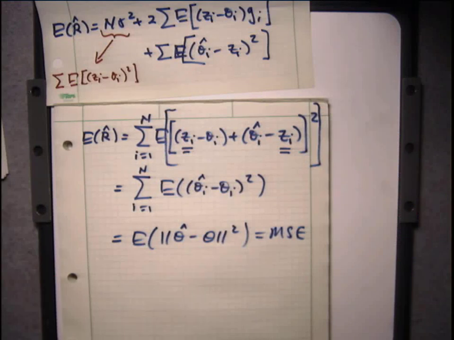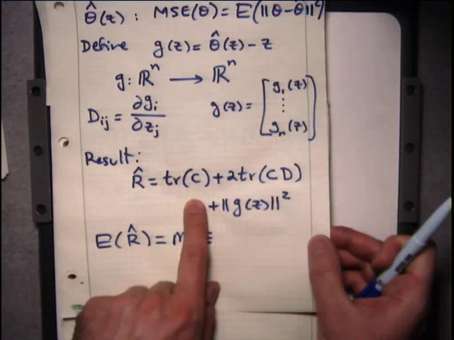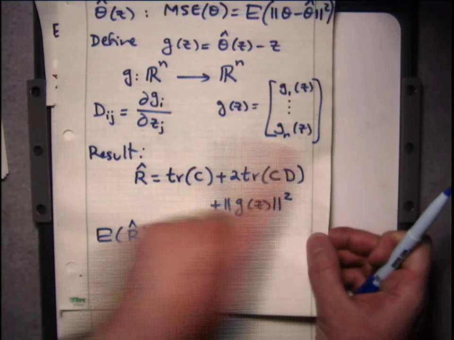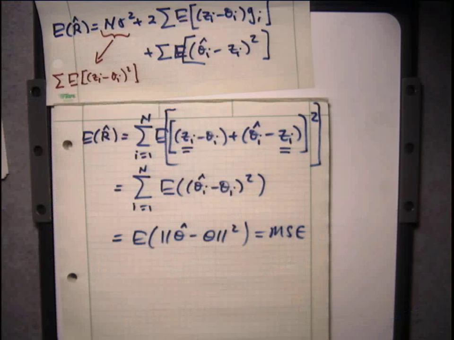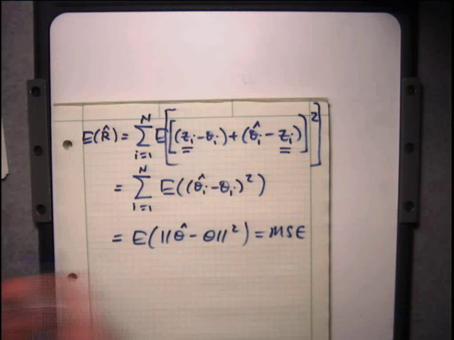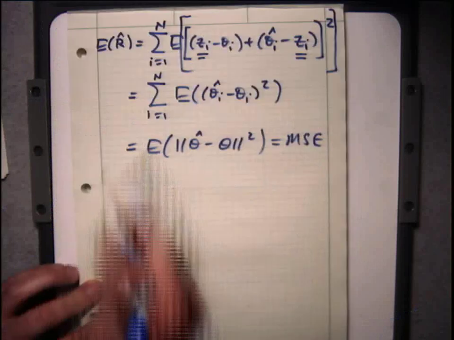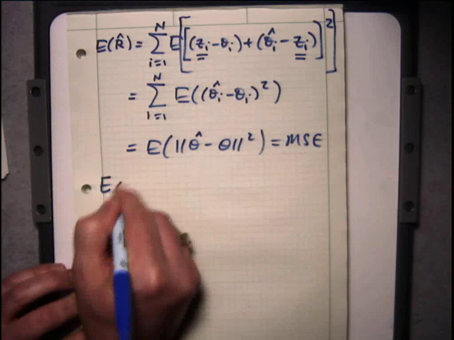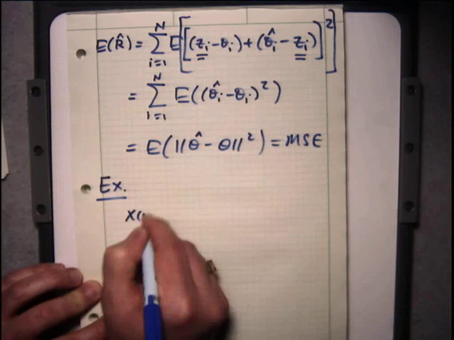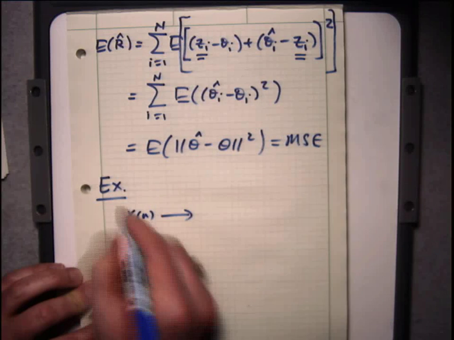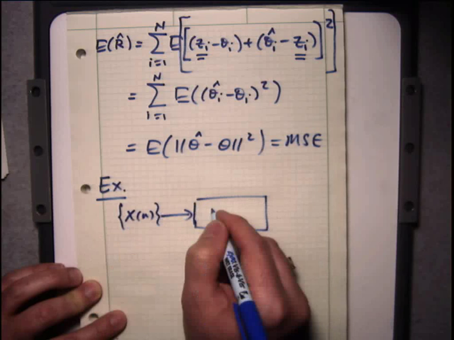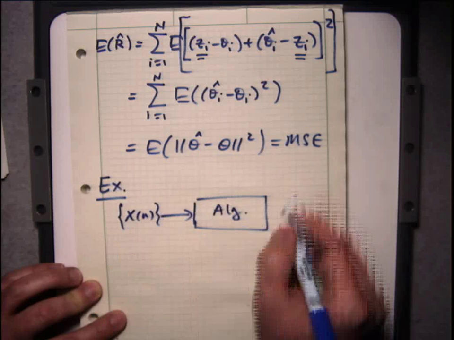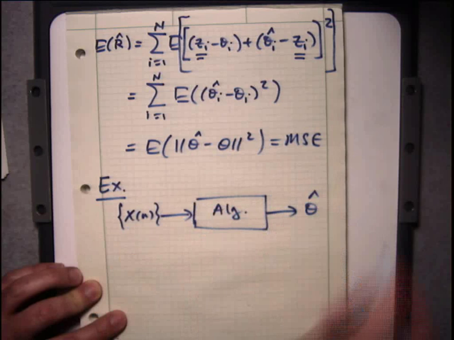Okay, so the bottom line is this function on average gives you the mean squared error, and this was the proof. Okay, so it's useful for practical purposes. And as I said, the prototypical example of this is you have x of n, some collection of data, and this is going into your estimation algorithm, and out pops theta hat.